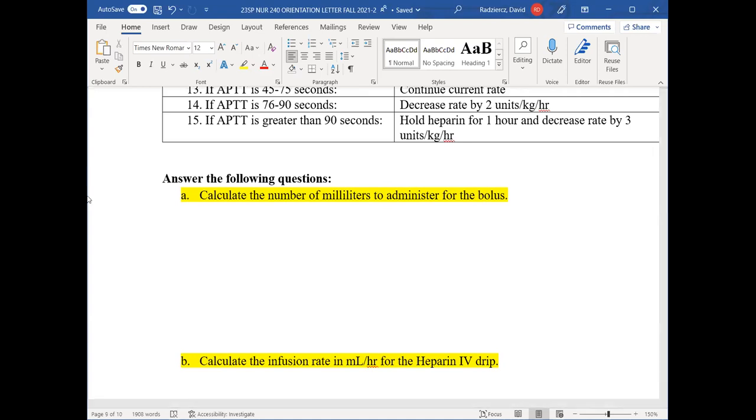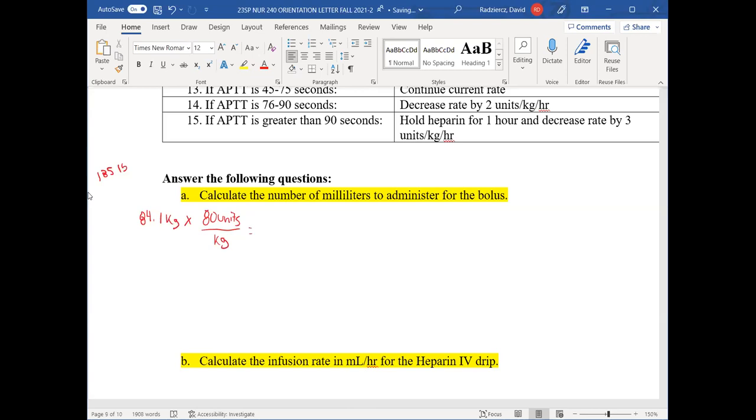So we mentioned that we have a patient who is 185 pounds. It's going to be important to know that when I write this out for what we'll call the North version. If I'm doing this the Allegheny way, I'm going to take that 84.1 kilograms and multiply by my 80 units per kilogram, because that's what the order told me to do.